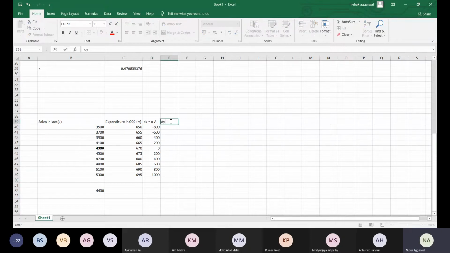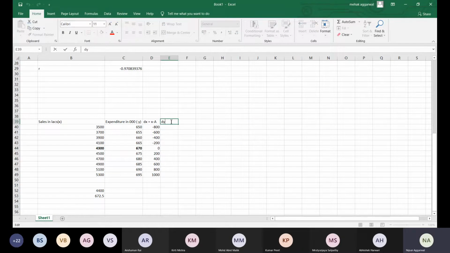In the same way, you can calculate dy. For the central value of y, it is 650 plus 695 divided by 2, which is 672.5. You can take 670 or 675; that is up to you. We will take 670.